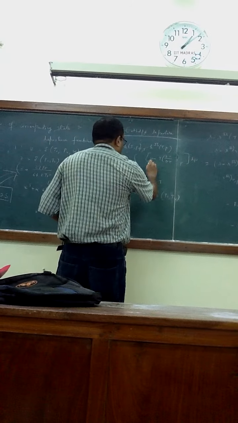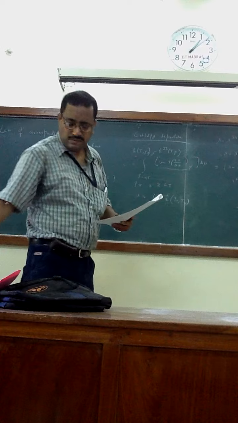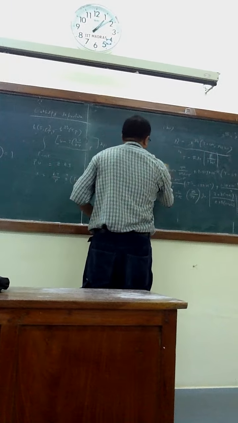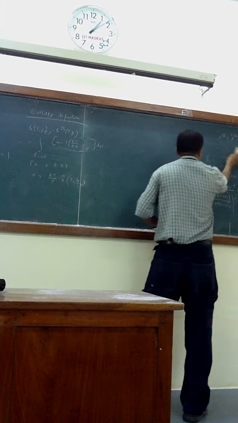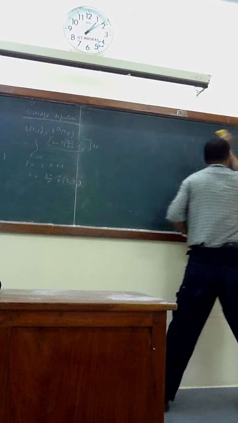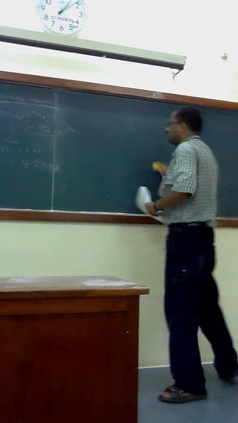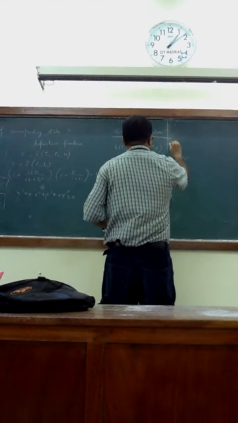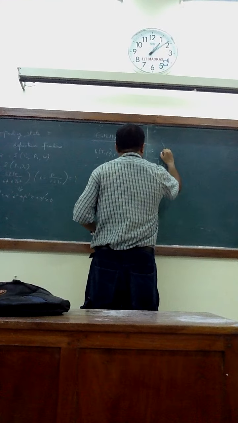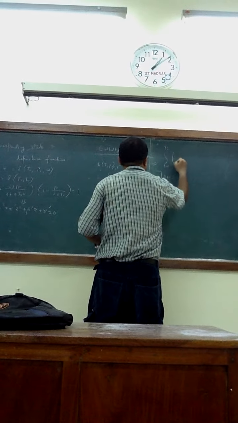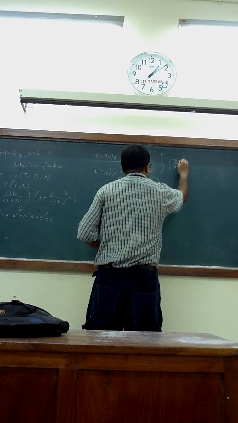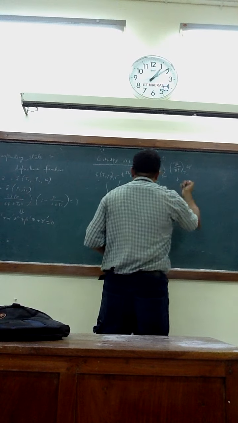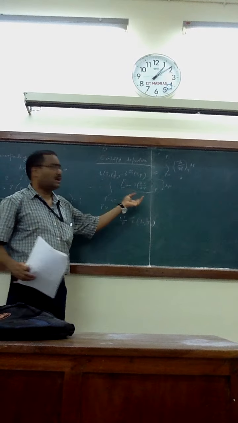So how to evaluate this? V minus T dV/dT at fixed P. Remember, if somebody is lost here, I write it again here: integral from P equals 0 to P of dH/dP at T, dP. And this is nothing but V minus T beta V, and from there this.